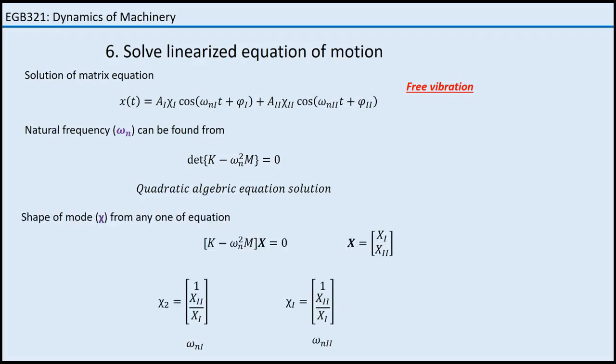In the case of finding the mode shape, we need to consider this matrix, k minus omega n squared times m, and x, where x, again, we showed already how to find the amplitudes of motion x1 and x2. So you multiply these two matrices and you get two equations. You just choose one, and from that one equation you get chi1 and chi2 respective of omega n1 and omega n2.